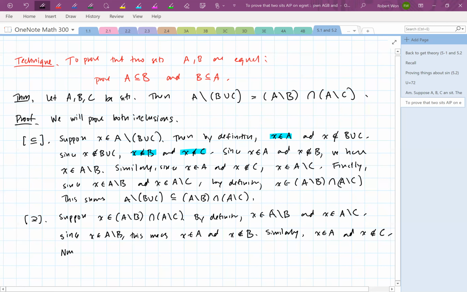I'm having OneNote problems. If I close this window, what happens to the Zoom share? How often does this happen in your other classes? That's my question.